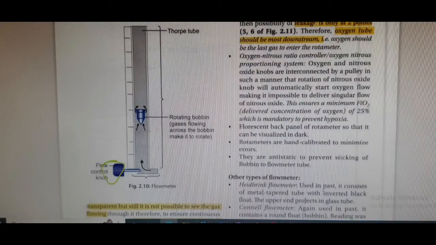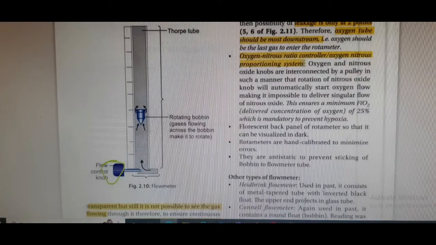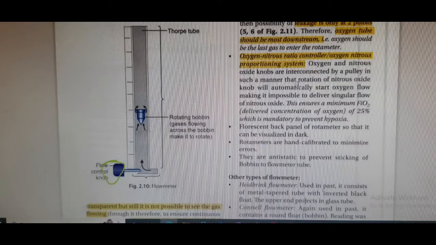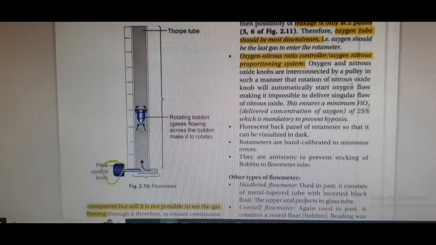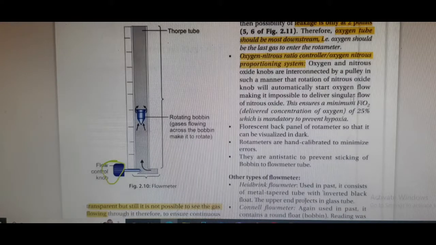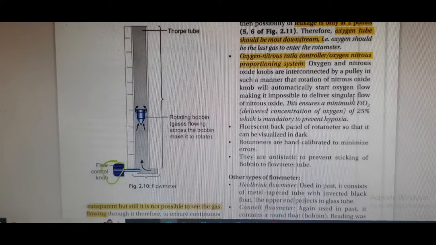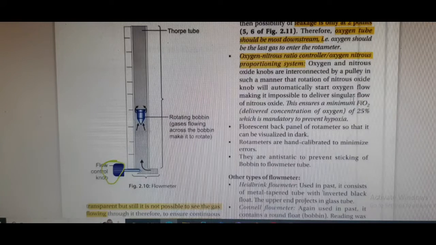Then the next safety feature is the oxygen nitrous oxide ratio controller, or oxygen nitrous oxide proportioning system. These oxygen and nitrous oxide knobs are interconnected to each other. They work in a pulley manner. So whenever the nitrous oxide is rotated, the oxygen flow automatically starts to be delivered to the patient along with the nitrous oxide.